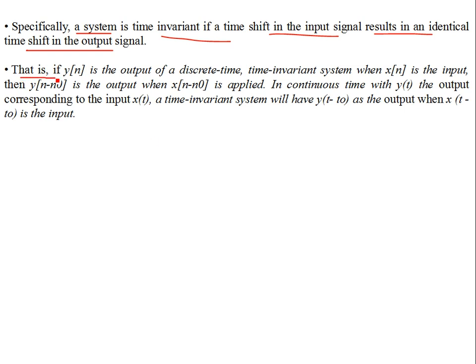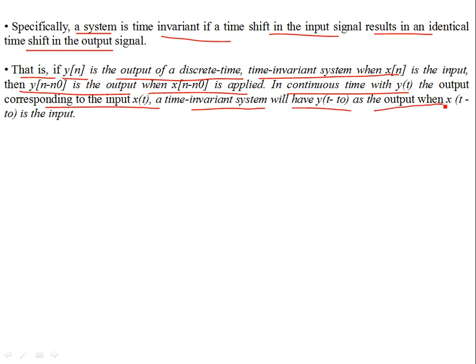Mathematically, if y[n] is the output of a discrete time system, then it is time invariant if, when x[n] is the input, y[n minus n0] is the output when x[n minus n0] is applied. In a continuous time system, y(t) is the output corresponding to the input x(t), and the system is time invariant if y(t minus t0) is the output when x(t minus t0) is the input.